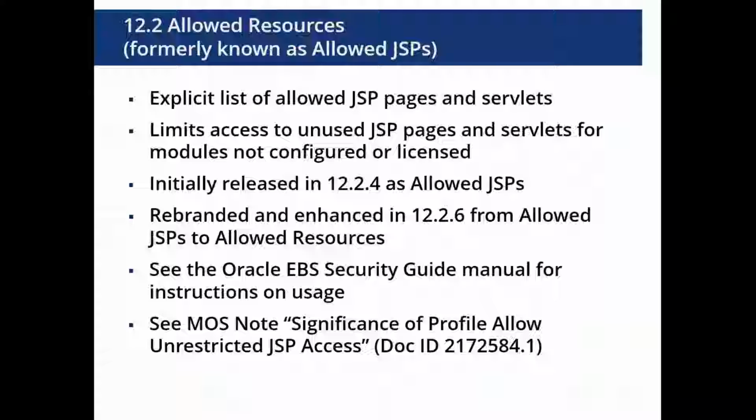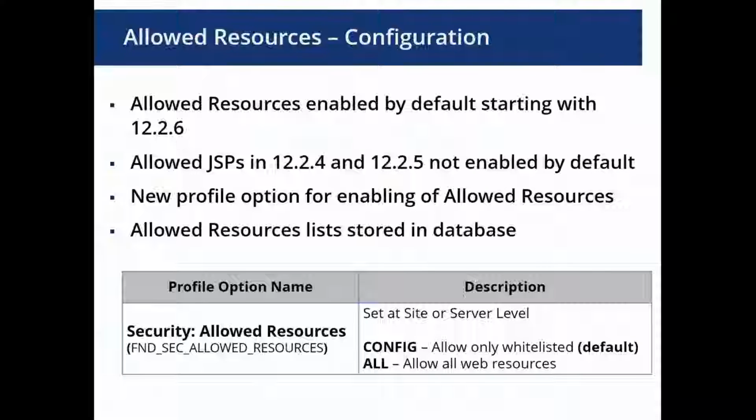The original release in 12.2.4 was very rudimentary, and I'll show you an example of this in a second. Oracle has definitely enhanced this starting with 12.2.6, and there's actually been a couple more changes in 12.2.7 and 12.2.8. What they're trying to do is make this much more robust and much easier to do. And if you want the detailed instructions on how to do it, it's in the Oracle Business Suite Security Guide.